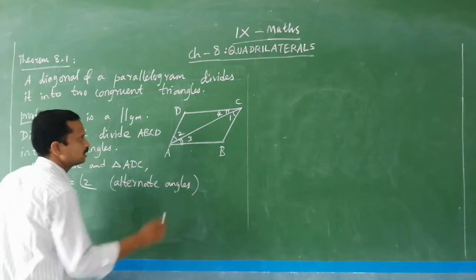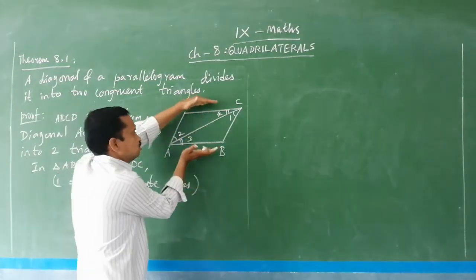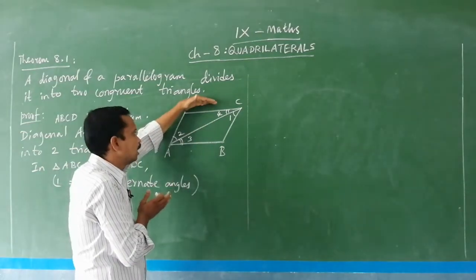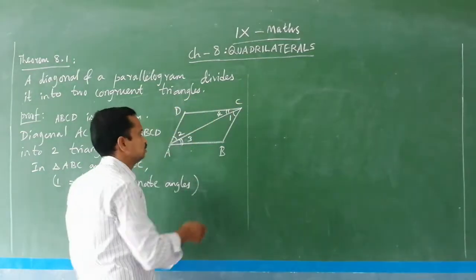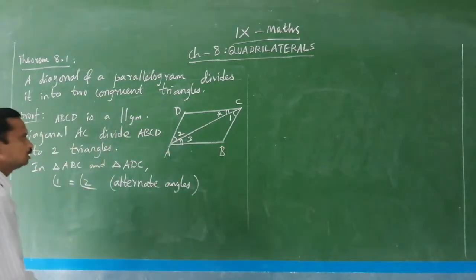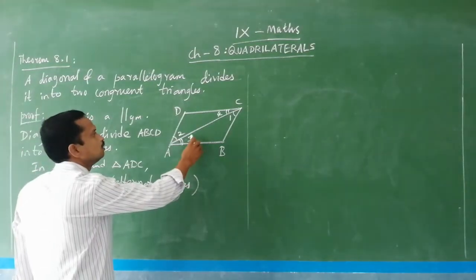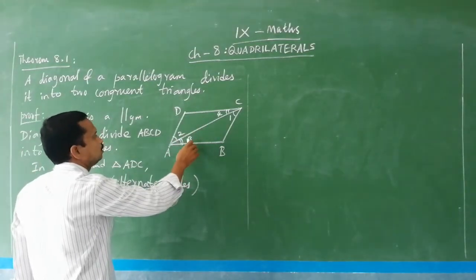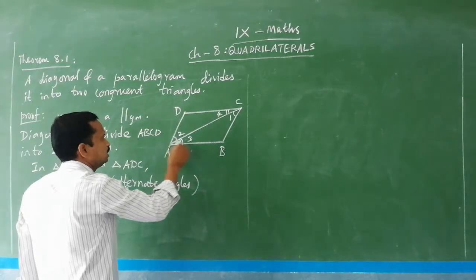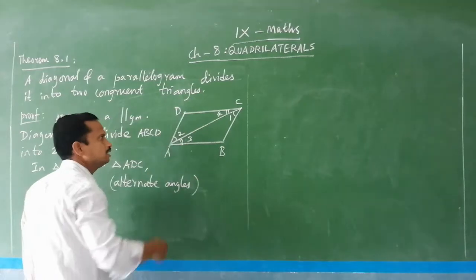In reason you have to write. How am I writing alternate angles? Since ABCD is a parallelogram, you consider these two are parallel sides and this is the transversal. Then we can have these 1 and 2 are alternate angles. In the same way, AB and CD parallel, and BC and AD also parallel.